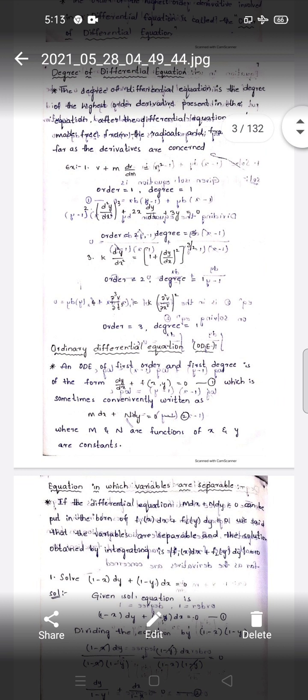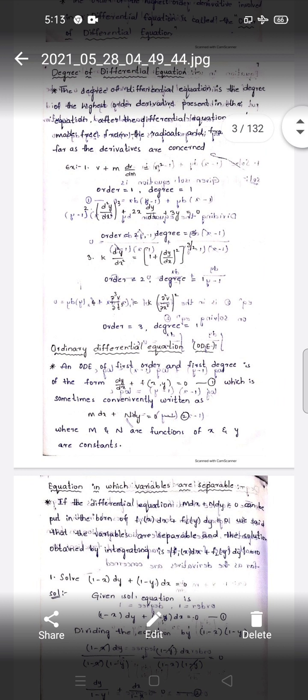For example, take the equation (d square y by dx square) whole power 3 plus 2 into dy by dx is equal to 0. Here d square y by dx square means the order is 2, and the whole power 3 means the degree is 3.